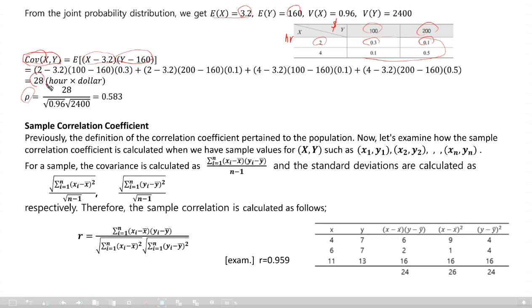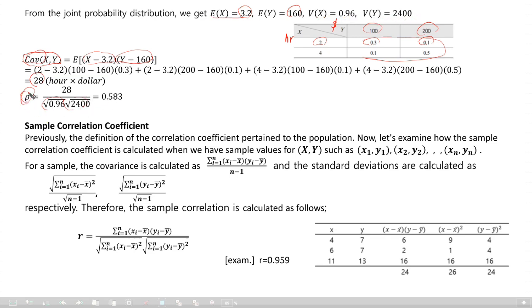What is the unit of this covariance? Hour times dollar, right? So we want to eliminate this unit by the standard deviation of X and the standard deviation of Y. Variance of X is 0.96, variance of Y is 2,400.